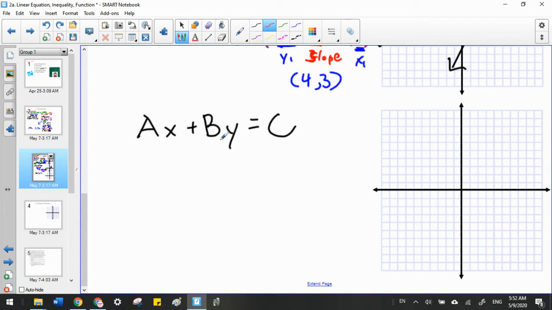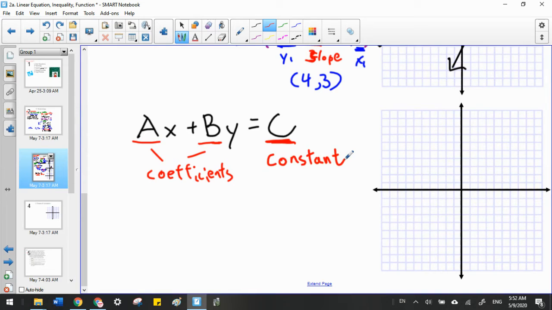So in order to write out a full standard form linear equation, the very letters that we need to turn into numbers are a, b, and c, where the a and b are coefficients, and the c would be the constant.